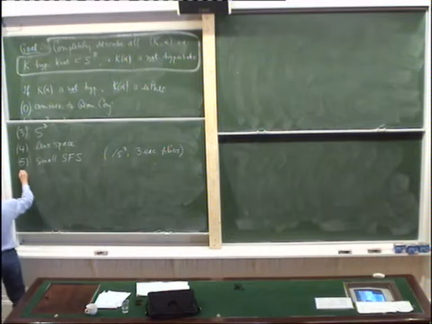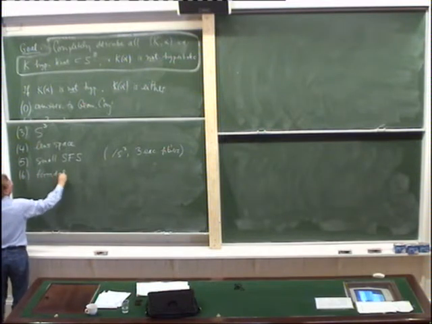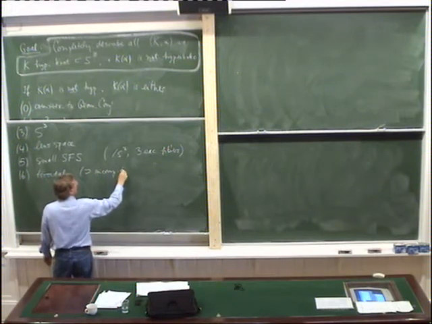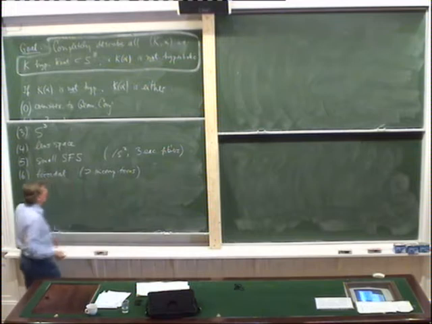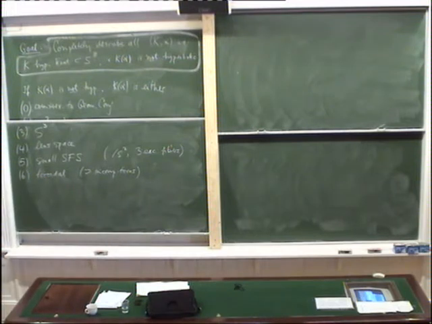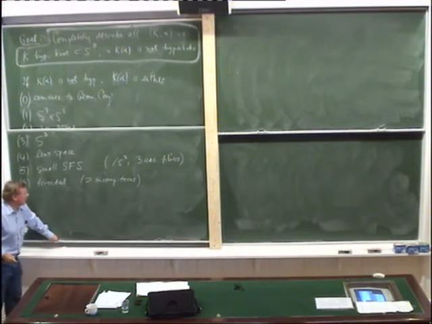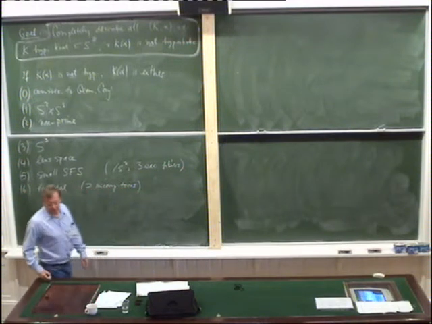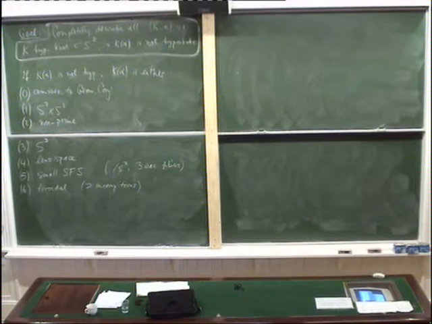And if it's not that, then it would have to be toroidal, containing an incompressible torus. I want to emphasize that we know these are exactly the possibilities for any closed manifold that's not hyperbolic.